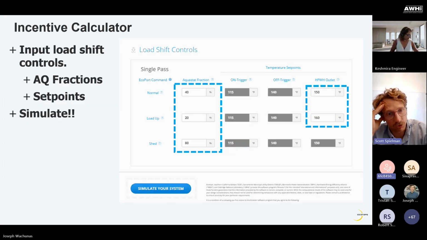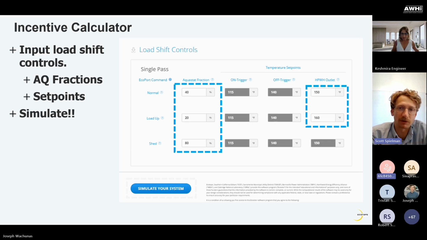And then here you would input the load shift controls. For normal load up and shed, we kept it simple for the online calculator to just do normal load up and shed.